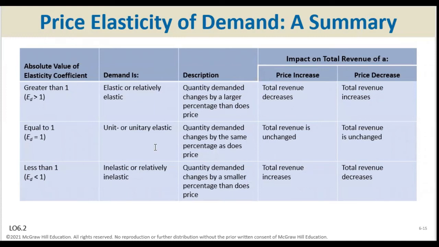So this table summarizes everything we said related to price elasticity of demand. I want you to pay attention to it, and also look at the elasticity coefficient: if it's greater than 1, equal to 1, or less than 1, what that means.